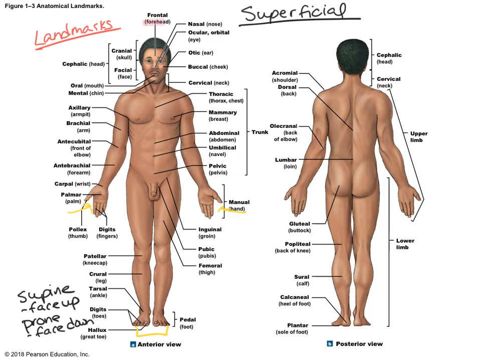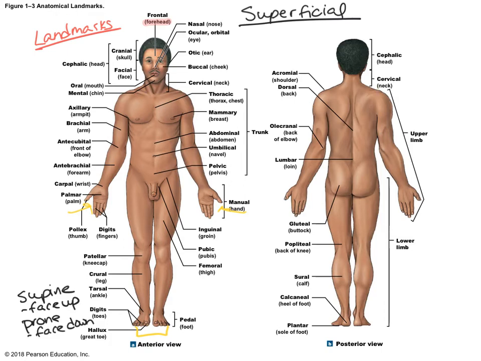The term in parentheses is the layman's term. So those are just giving you hints as to what that anatomical terminology means. However, on the exam and for the rest of the class, we'll be using the medical terminology, or the anatomical terminology. So you need to memorize all of these.